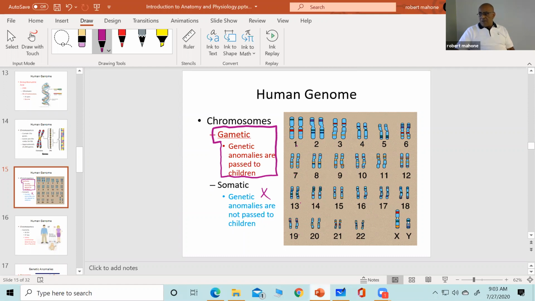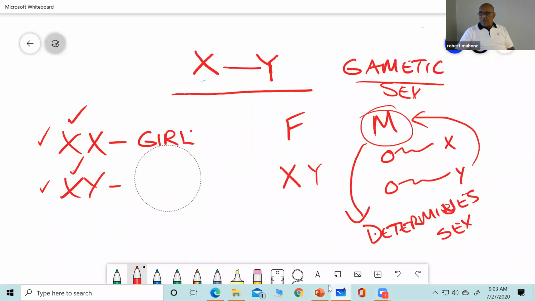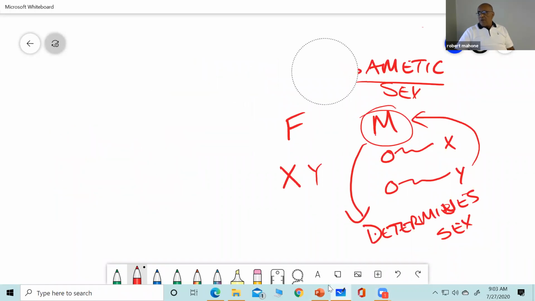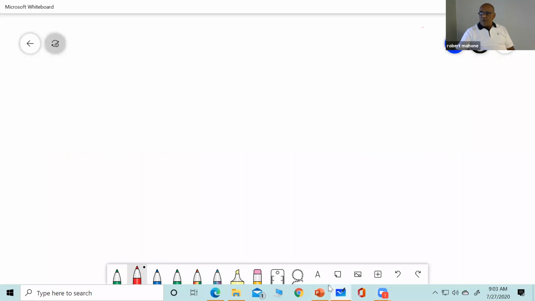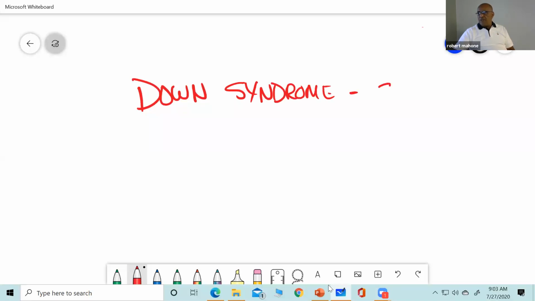Now let's try and point that out a little bit. Down syndrome happens at the 21st chromosome.